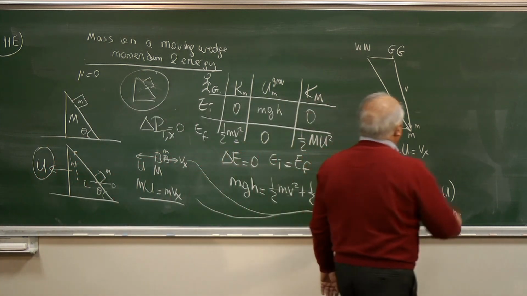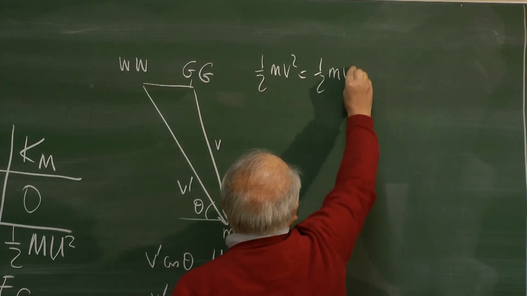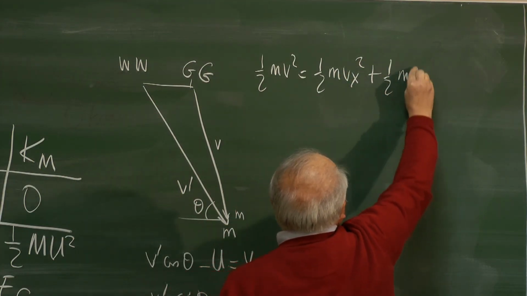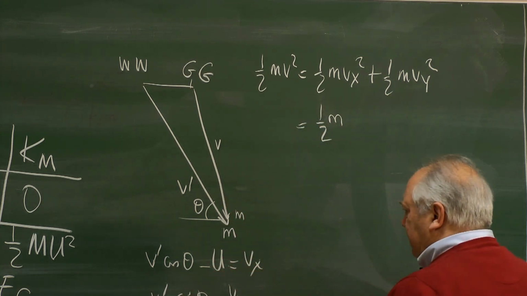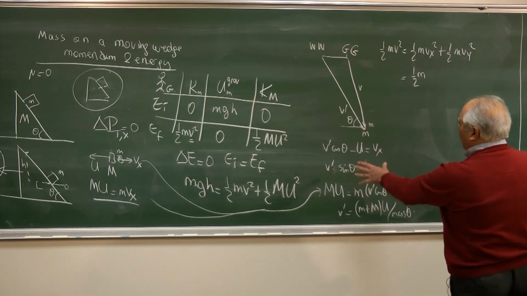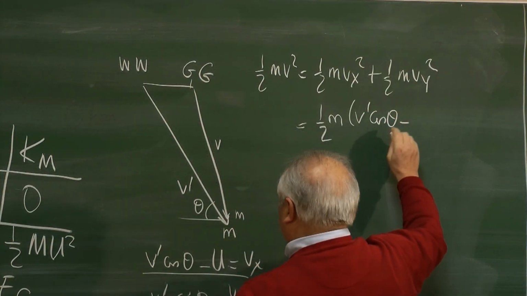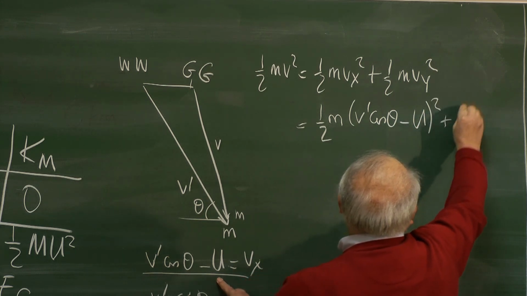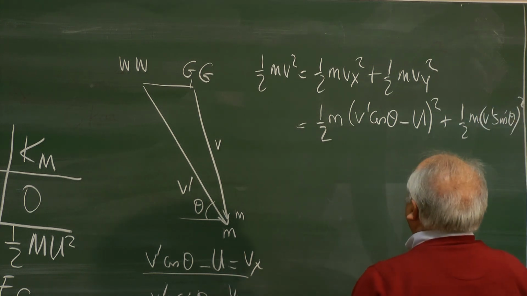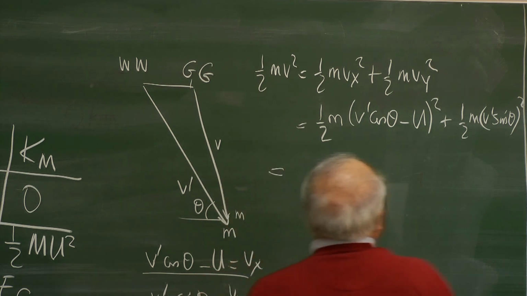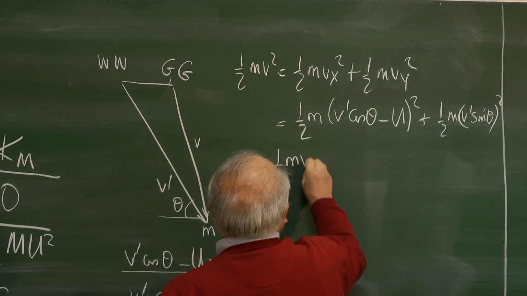So let me write 1/2 mv square. V square is equal to, for Vx, I insert this, V prime cosine theta minus U square plus 1/2 m V prime sine theta square equals the square of this plus the square of this term will give me 1/2 m V prime square.